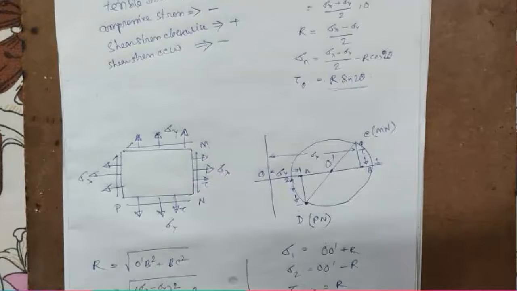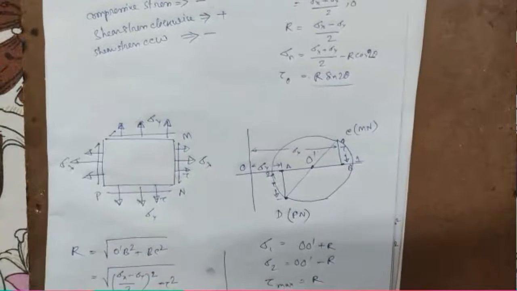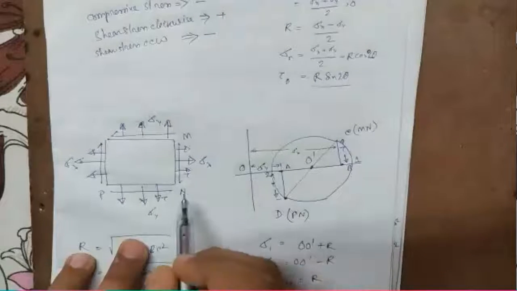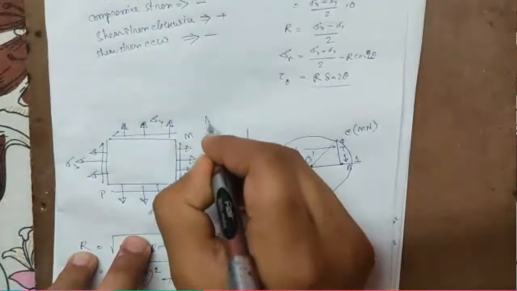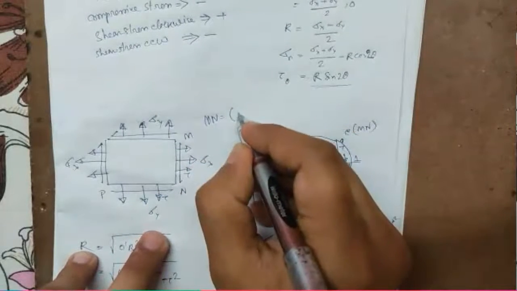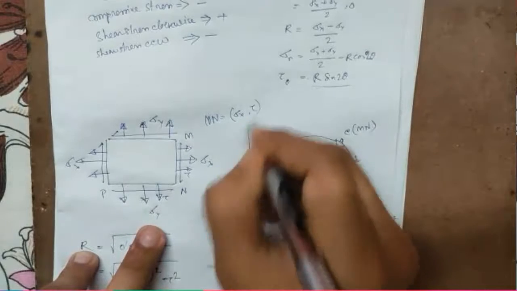Okay, now as we have this stress condition, we will try to draw the Mohr circle. I will discuss very slowly. So now this plane MN having stress condition is sigma x comma tau.